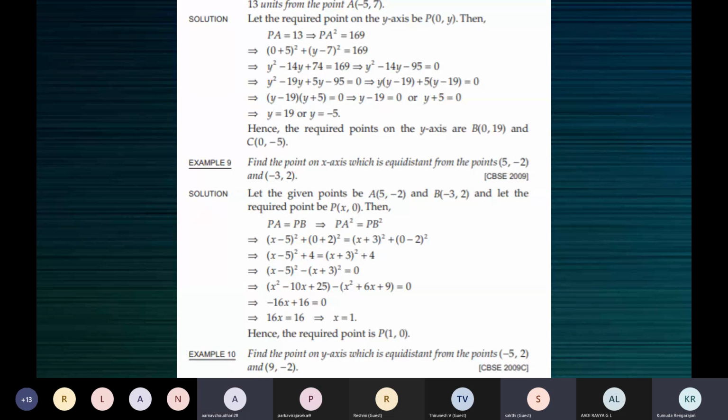I'm doing 0, ma'am. No, but how do you, in general, assume a point on the y-axis? (0, y). And it's given that this point (0, y) is equidistant from the two other points. Similar to example 9, children.